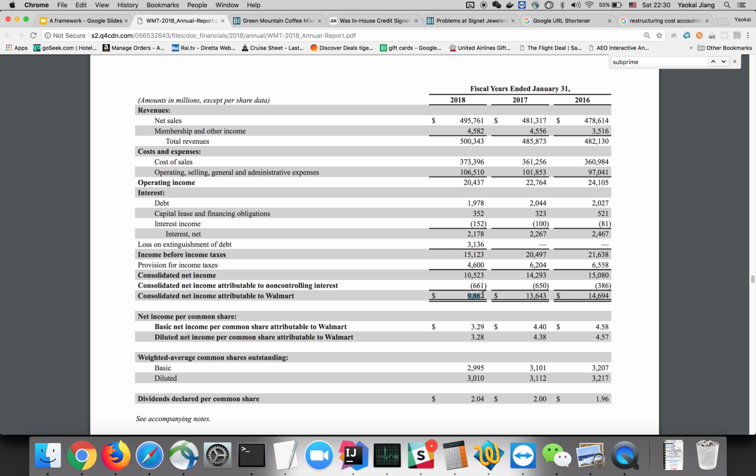So then you end up with the net income, and you divide net income by the number of shares. You end up with just earnings per share. That's quite simple, and here they tell you exactly how many shares they have outstanding.